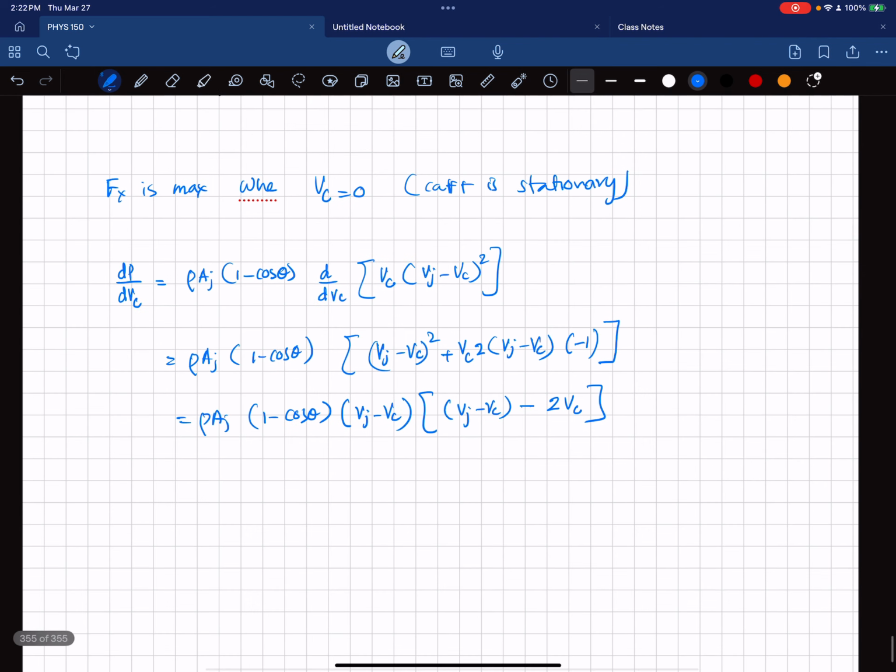So we can write rho Aj 1 minus cosine theta, Vj minus Vc, times Vj minus 3 Vc.